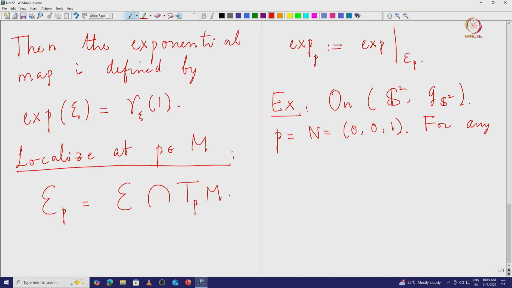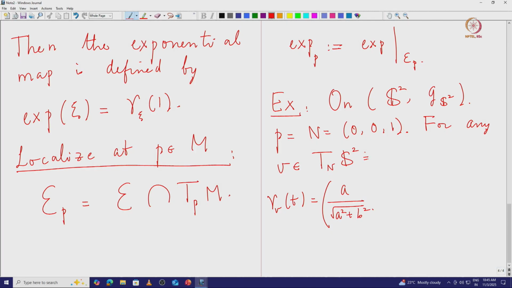Then for any V in the tangent space to S2 at the north pole, one can actually write down what the corresponding geodesic will be. We of course know that it will be one of these great circles. With a little bit of thought, one can write down the correct parametrization.